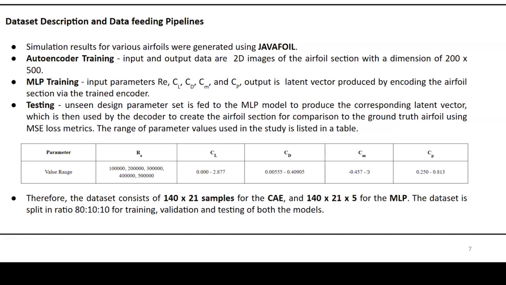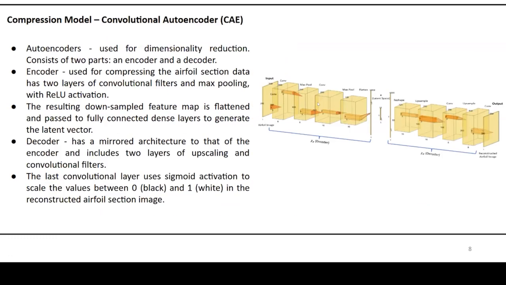So here's our CAE model, a convolutional autoencoder model. Basically, an autoencoder model consists of an encoder and a decoder. The encoder takes the input 2D matrix or airfoil image and compresses it to a single latent space of dimension Z, and then it is reconstructed using a decoder into the airfoil image. This way, the entire information of the airfoil, which was in dimension 200 by 500, will now be represented in only 12 dimensions.